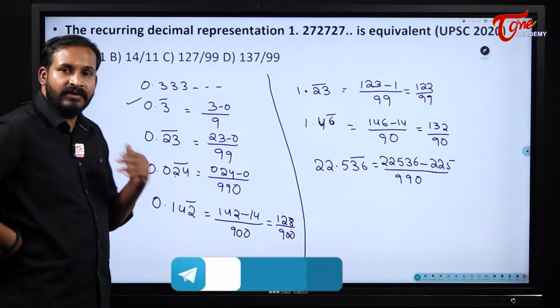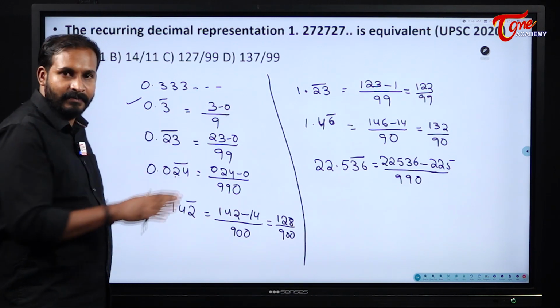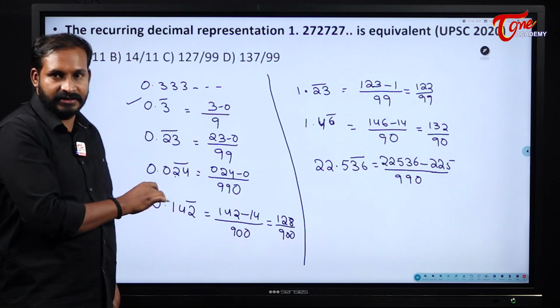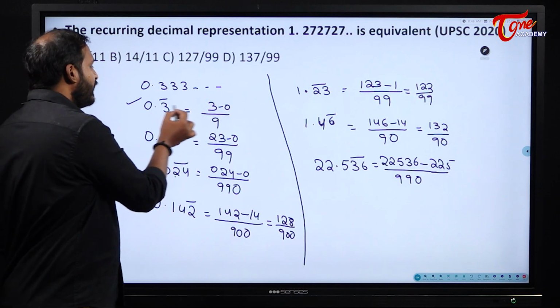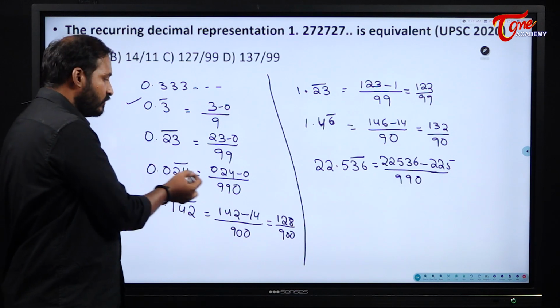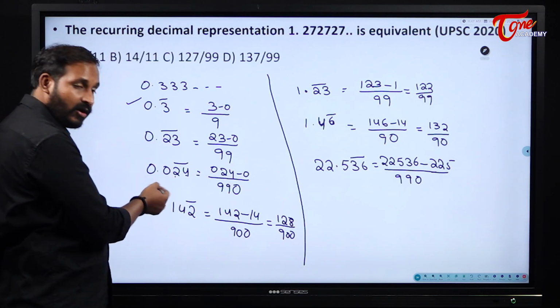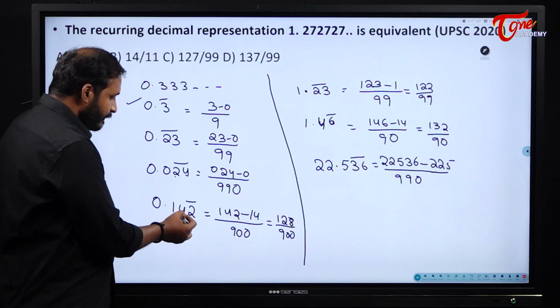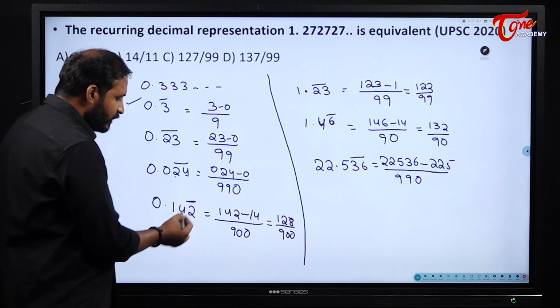When it comes to the numerator, without a decimal point, write the complete number first of all. And after that, subtract the non-repeating part. 3 minus, here non-repeating is 0 only. See here, 23 minus 0. Here 24 minus, anyway non-repeating is completely 0, so I have taken 0. Next, see here, the repeating is only 2.